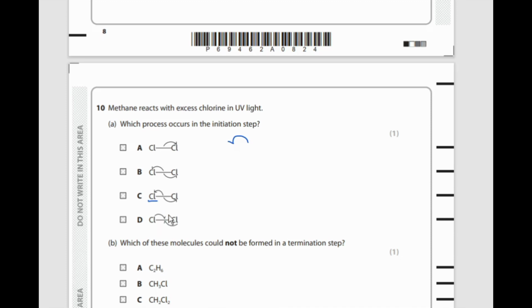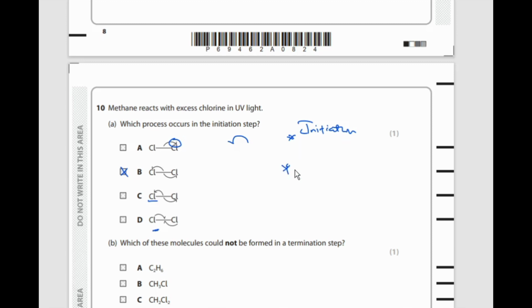So that rules out C. Electrons move from the bond to the element, so that also rules out D. A is being ruled out also because it's using a full arrow instead of half arrow, and it's only moving towards one direction. So our answer is B.